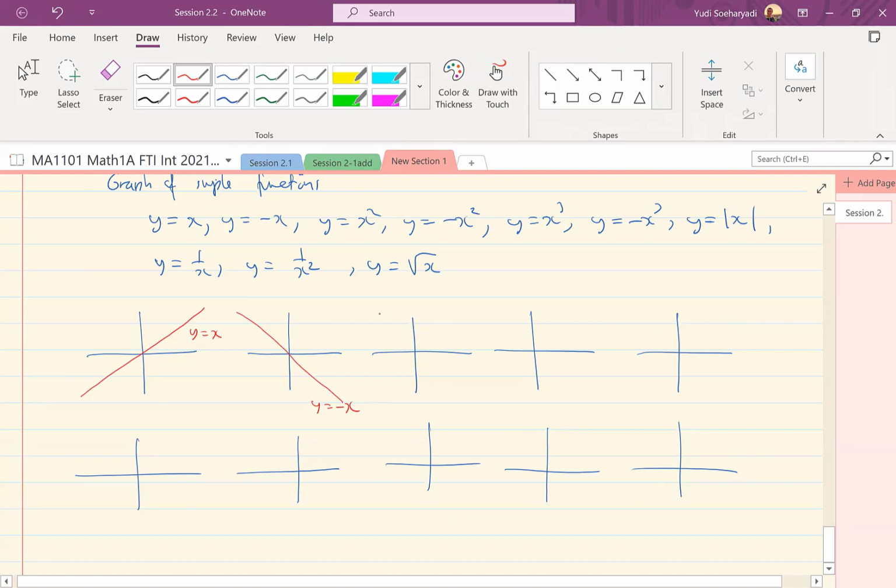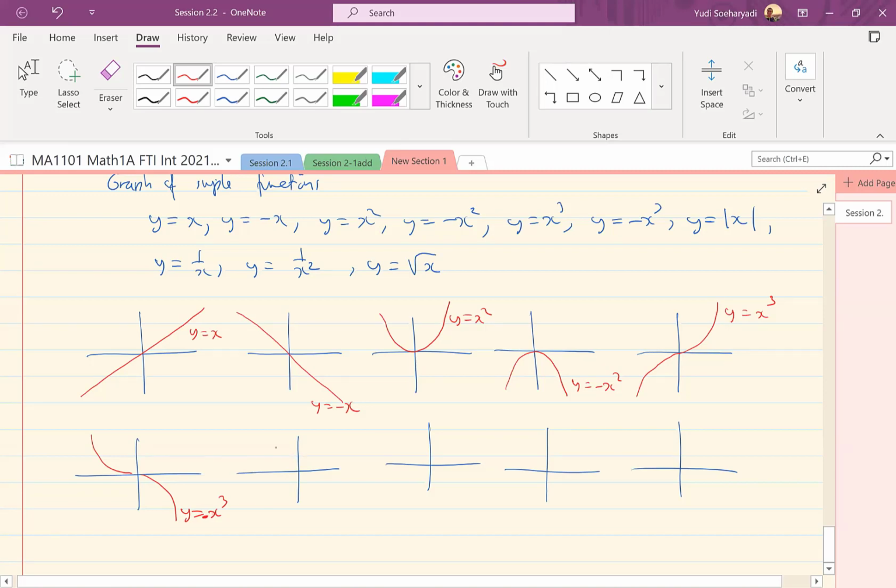This one is x squared. Cube is this one. This is negative.